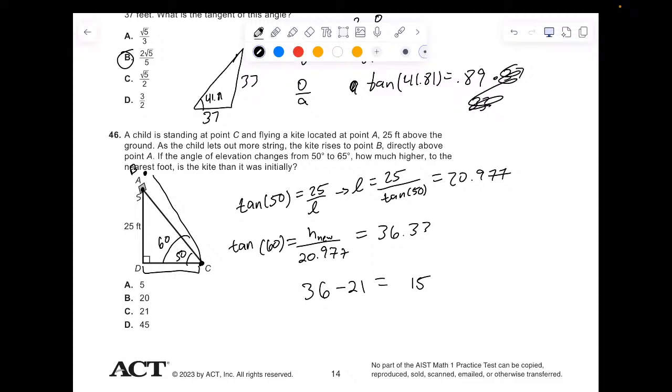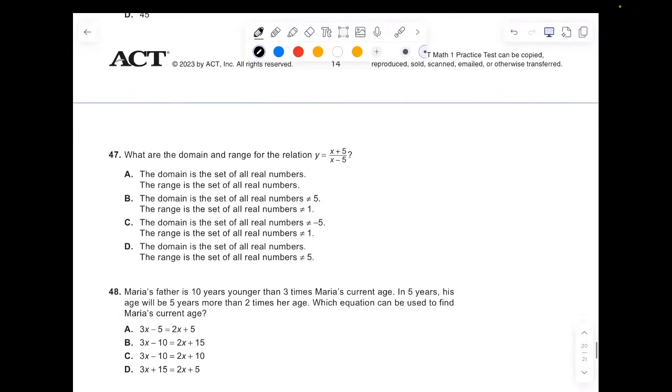What the heck did I do wrong? Oh well, it's the closest answer.